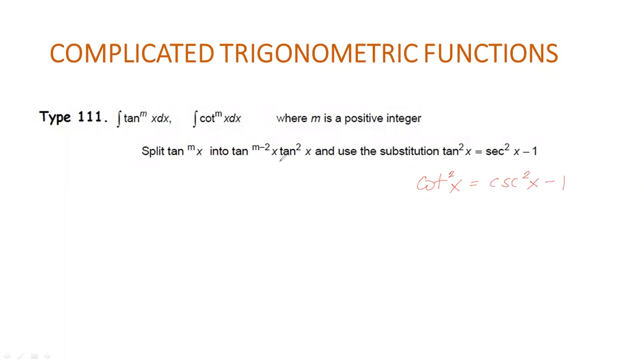The reason why you set aside a tangent squared of x or a cotangent squared of x from your original tangent and cotangent functions in your integral is for you to convert this tangent squared or cotangent squared into these two identities. You may wonder, why convert into these identities? It's because the remaining tangent and the remaining cotangent will have a derivative that is secant squared and cosecant squared.